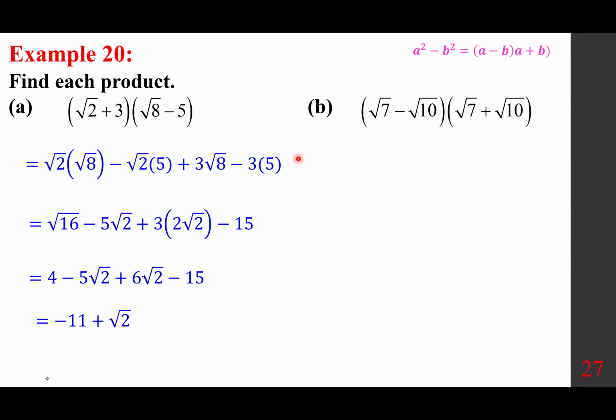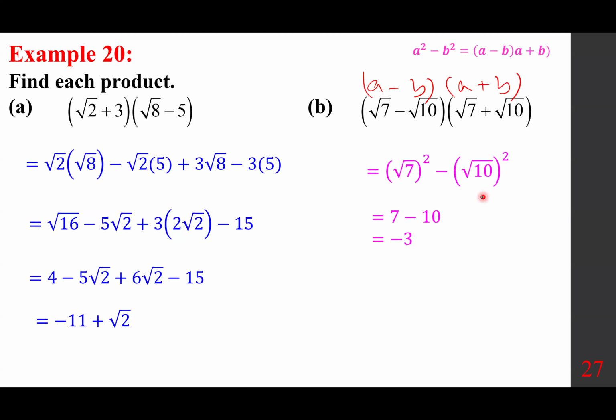So you're looking at a minus b times a plus b, where a is square root of 7. So square root of 7 squared minus square root of 10 squared. So knowing the identities will speed up the process. The answer is 7 minus 10, which is obviously negative 3.